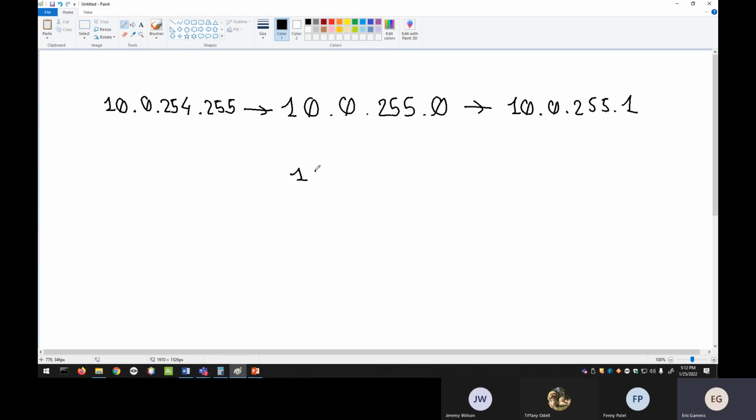Okay, if I have this IP address 10.255.255.255, what is the IP address that is before this one? Before it will be 10.255.255.254, correct.